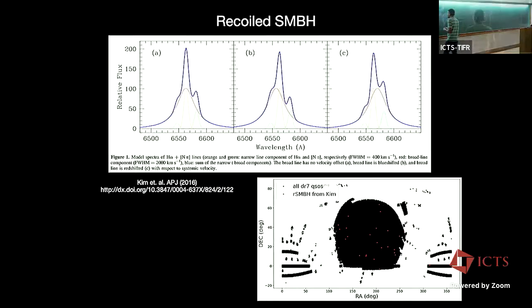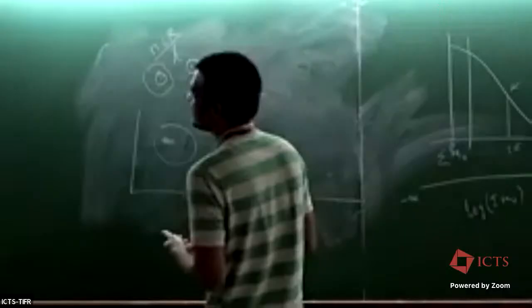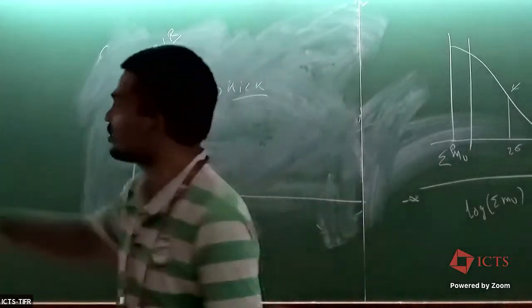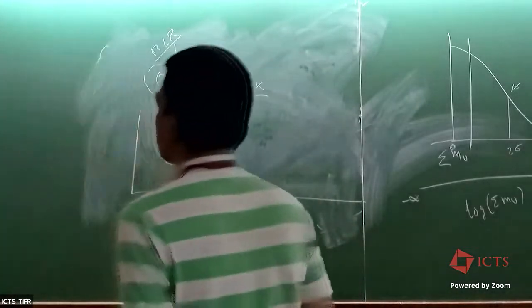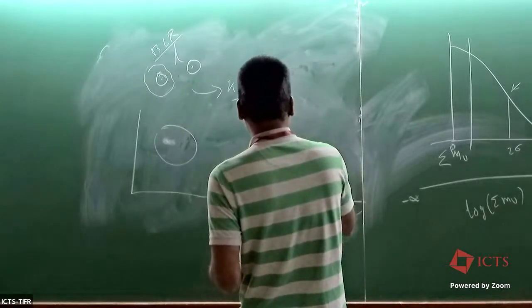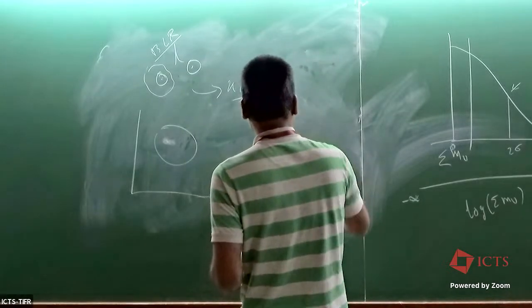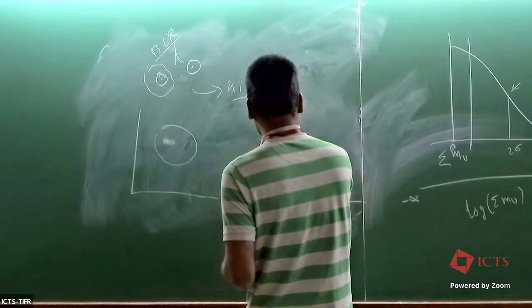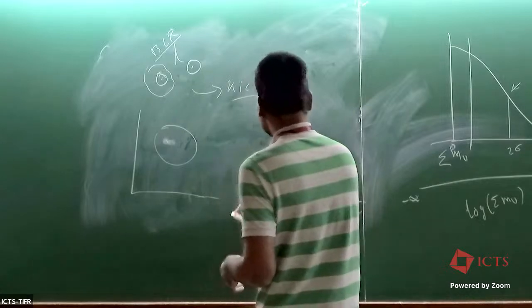But in spectroscopy, if you look at any line, for example, here I'm showing you a particular H alpha line for a galaxy, this H alpha line will have a narrow component, independent of kick velocity, and a broad component.